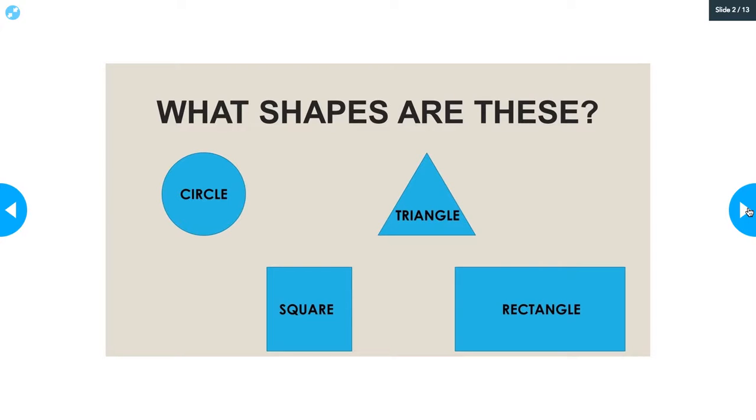Make sure that when you point to the different shapes, they are telling you what the shapes actually are and not simply guessing. After they give the answers that they want to give, you explain to them that this is a circle, this is a triangle, this is a square, and this is a rectangle.